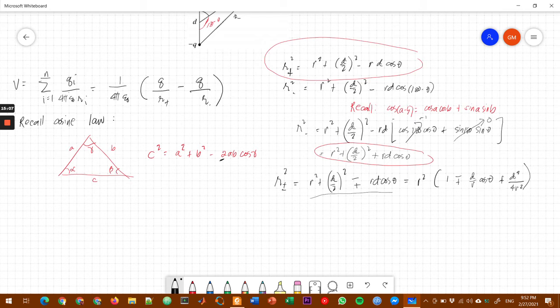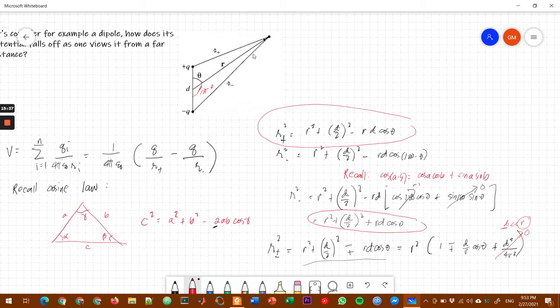I hope you are following. Then we can safely eliminate this term because it is just too small, since R is much greater than D. We are talking about a large distance, very far away. D is the distance between the two charges, right? So we assume they are far, and this approximates to 0.